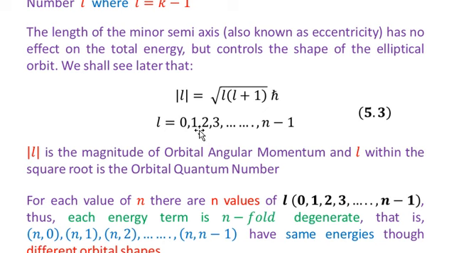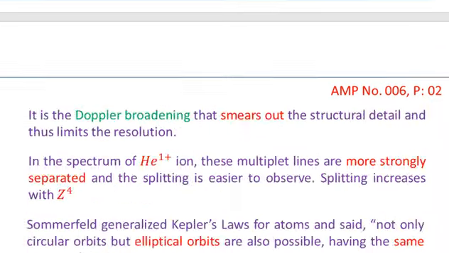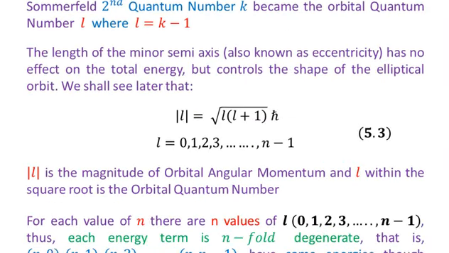So k starts from 1, 2, 3, and so on up to the value of n. Whereas if you substitute these values, following the relationship L is equal to k minus 1, the allowed values of the orbital quantum number become L equal to 0, 1, 2, 3, and so on up to n minus 1.